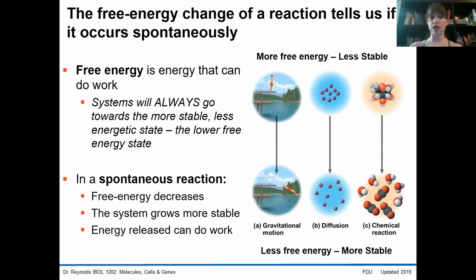That's lower free energy. When we're dealing with molecules, large complex molecules with lots of bonds and lots of charges are going to be higher in free energy. Smaller uncharged molecules are going to be more stable and lower in free energy.